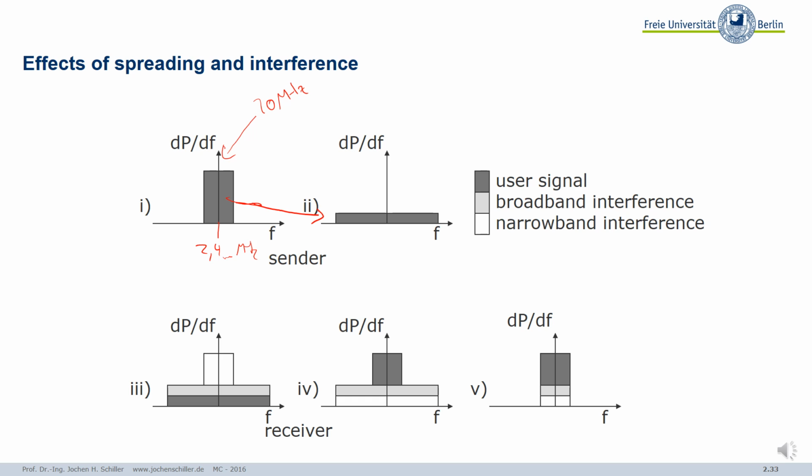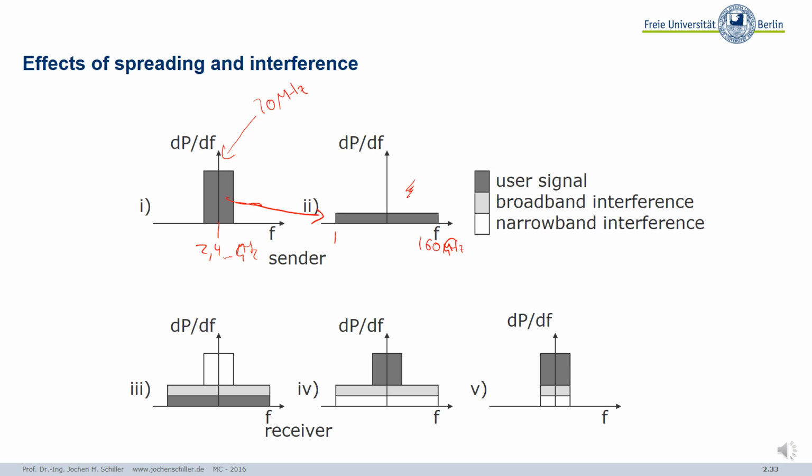The area in this rectangle is the same. The area represents the energy you put into your signal. Now you spread it out over a larger frequency range, maybe from 1 to 100 megahertz. No matter if this is allowed, or gigahertz. Giga, mega, doesn't matter for this example.